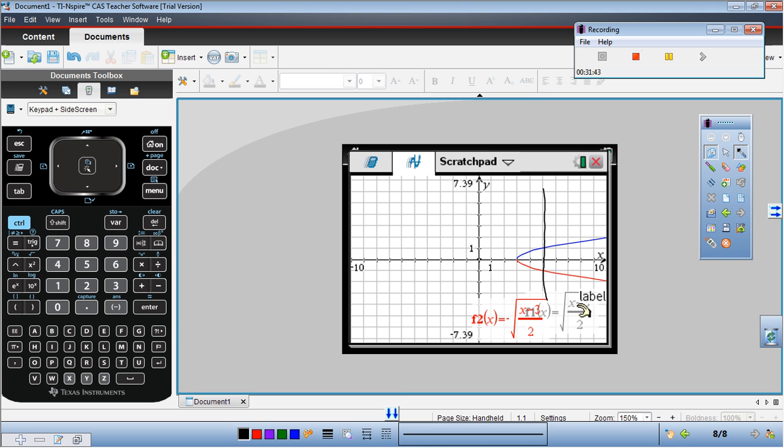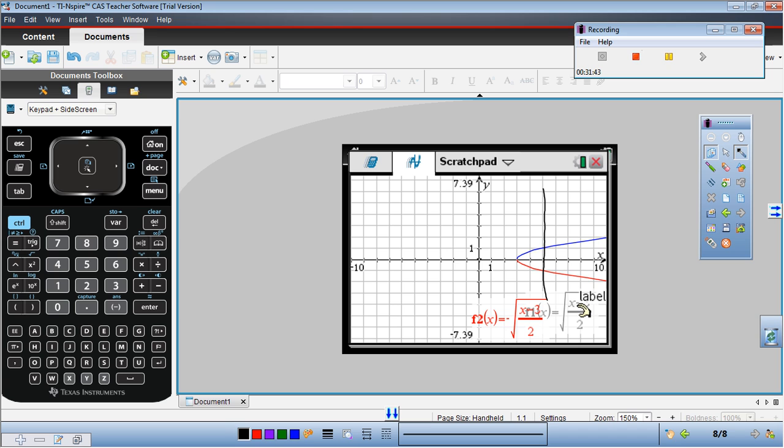The x repeats. Remember, in a function the x cannot repeat? So here, when x is 5, y is 1 and negative 1. And that's not okay. You can only have one answer for your x, okay? Any questions over that?